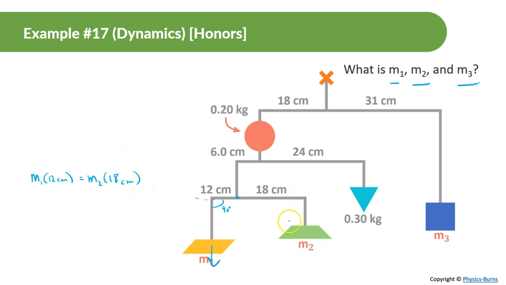The next thing we should know is, we don't know what M1 or M2 is, but we can find the torque on this lever over here. We should find that 0.3 kilograms times this 24 centimeters is equal to this side over here, which is 6 centimeters, times a certain amount of mass, the combined mass M1 and M2, times this 6 centimeters.